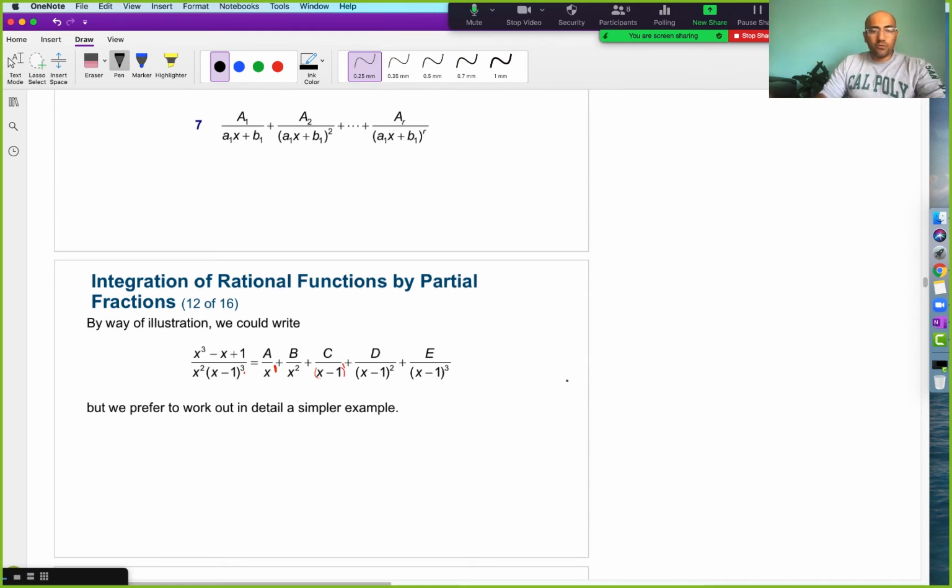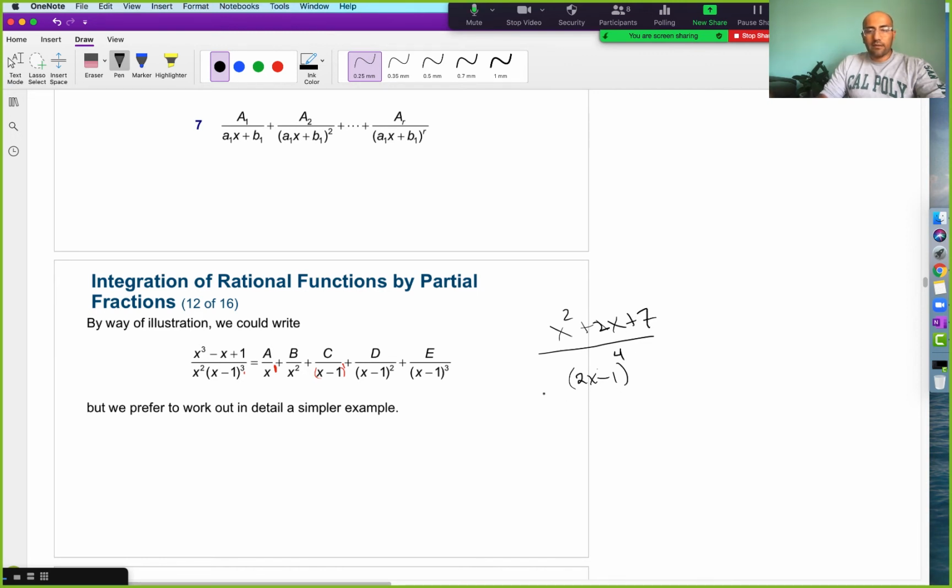Again, just to highlight this, if we had, on the other hand, 2x minus 1 raised to the power of 4, right? And then there's some polynomial up here. It doesn't really matter what this is. x squared plus 2x plus 7.